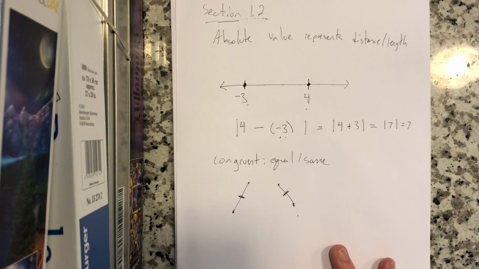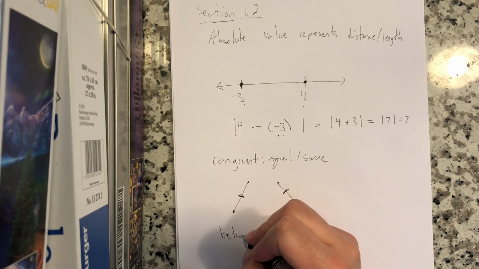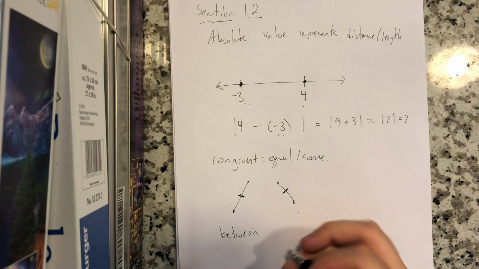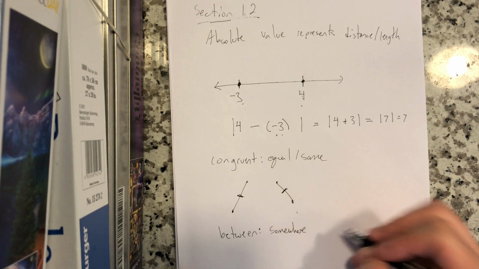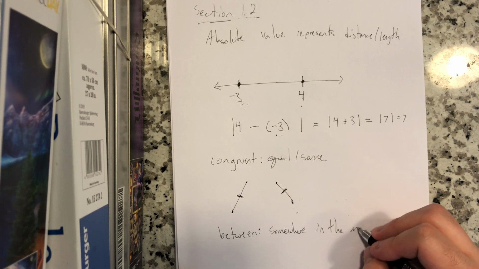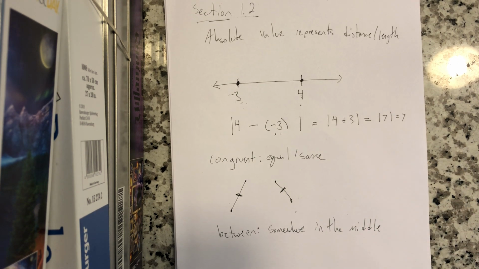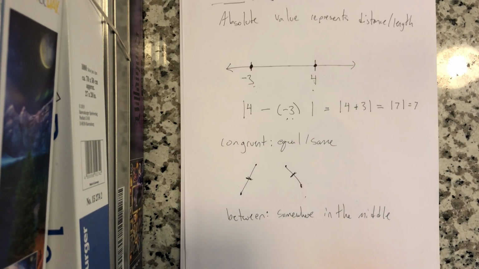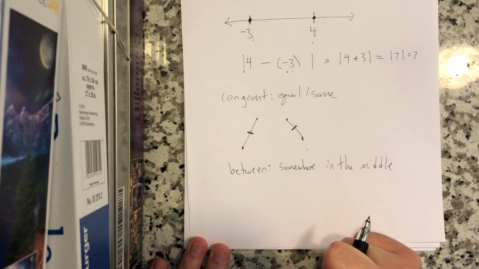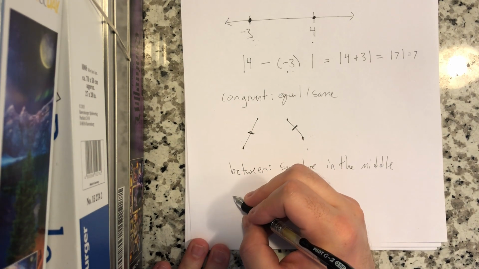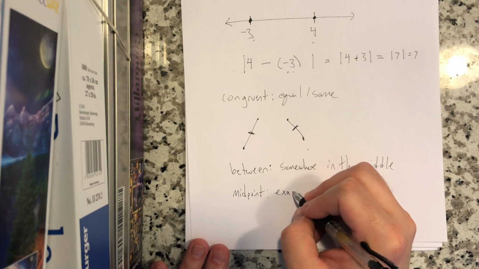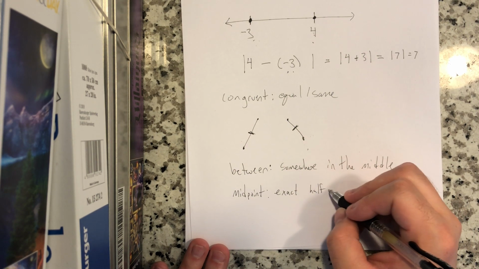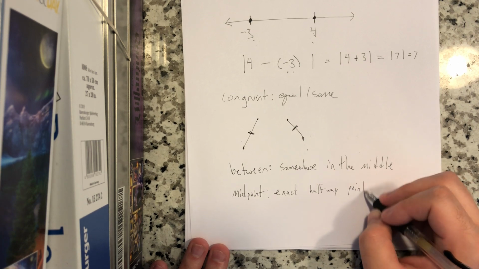The next thing we need to talk about is between. Between just means somewhere in the middle. This is kind of a loose definition, but somewhere in the middle. Whereas the difference here, and this is a really crucial point to bring up, the difference here with midpoint is the exact halfway point on a segment.